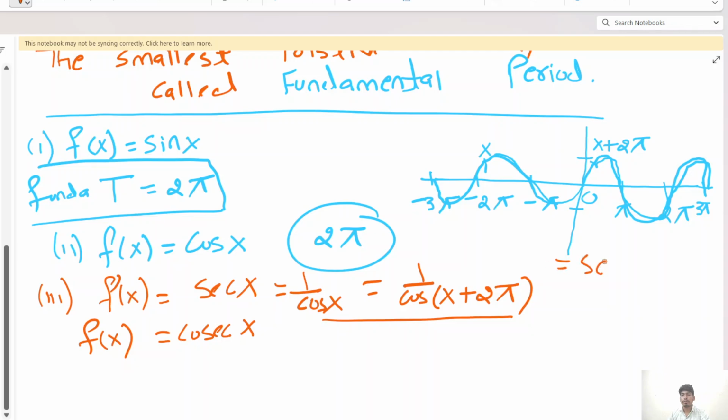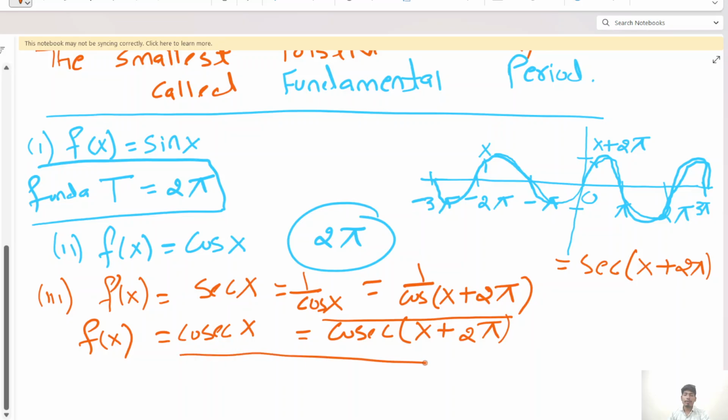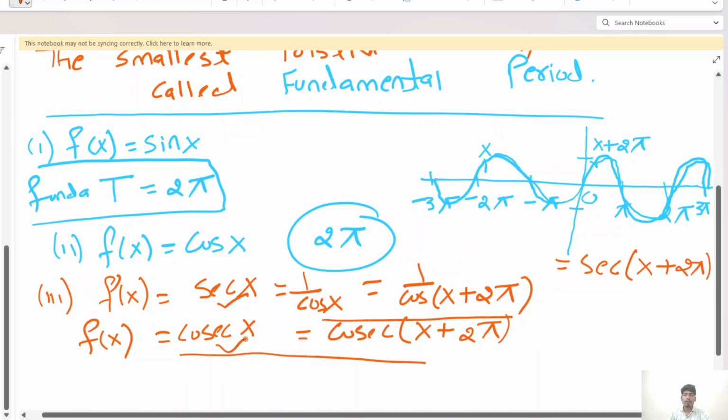This is equal to secant of (x plus 2 pi), and this is equal to cosecant of (x plus 2 pi). It means the period of secant x and cosecant x is the same, 2 pi.